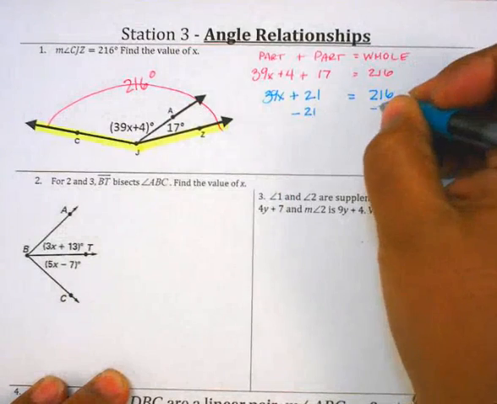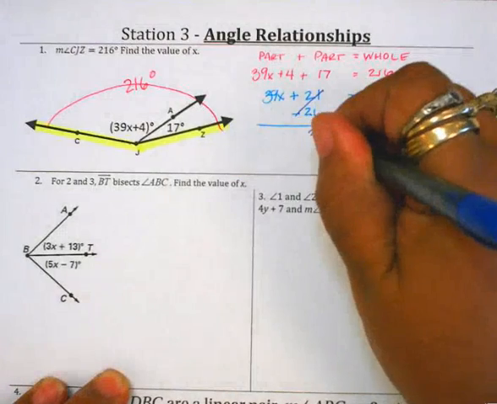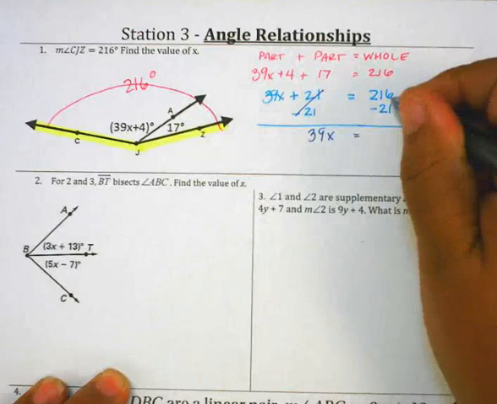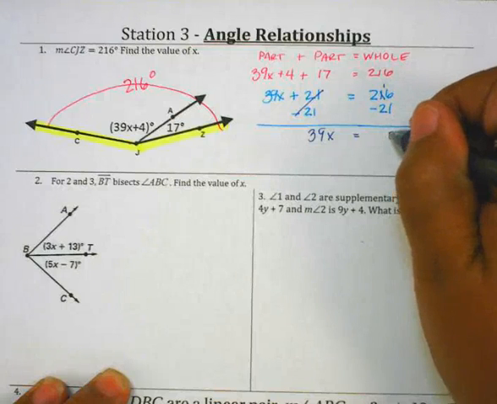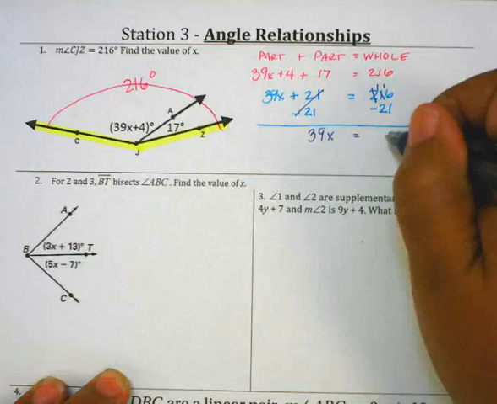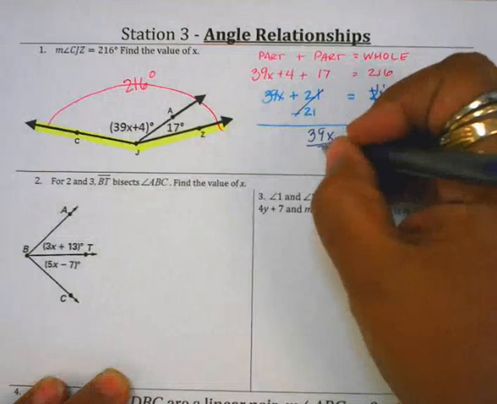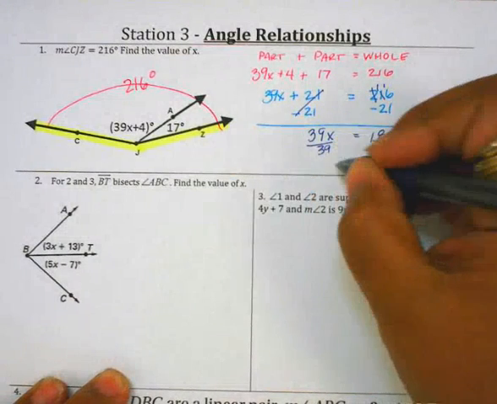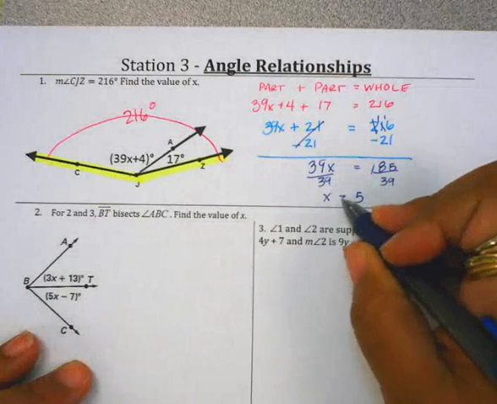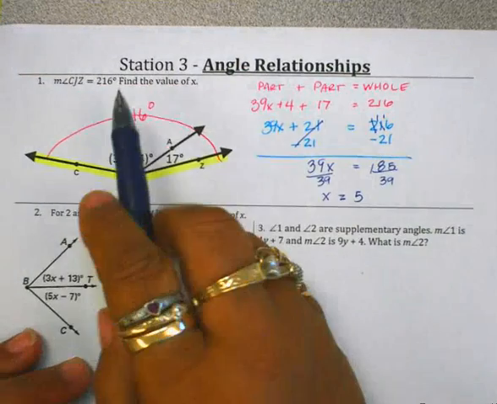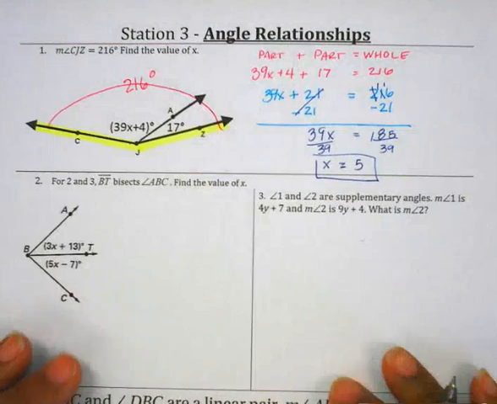Now we're just doing algebra. 39x equals 195, divided by 39. So x equals 5. So we check, we've answered the question, find the value of x. X equals 5. Good. Number 2.